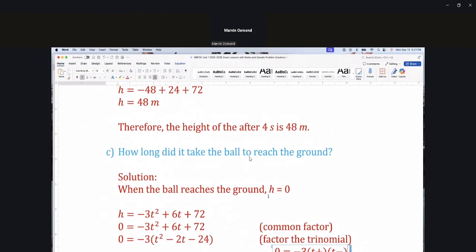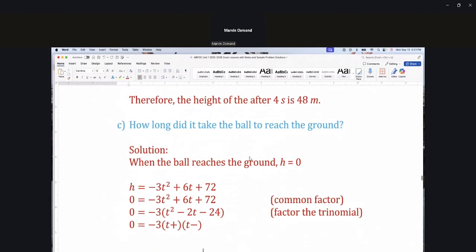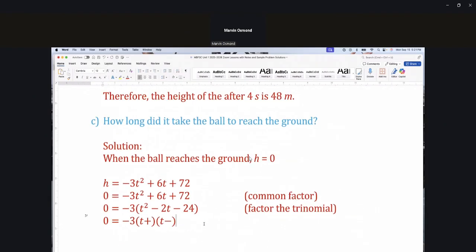So now we have to figure out which two numbers will multiply to give us a -24 and add together to give us a -2. So when we multiply to get a negative number, one is positive, one is negative.